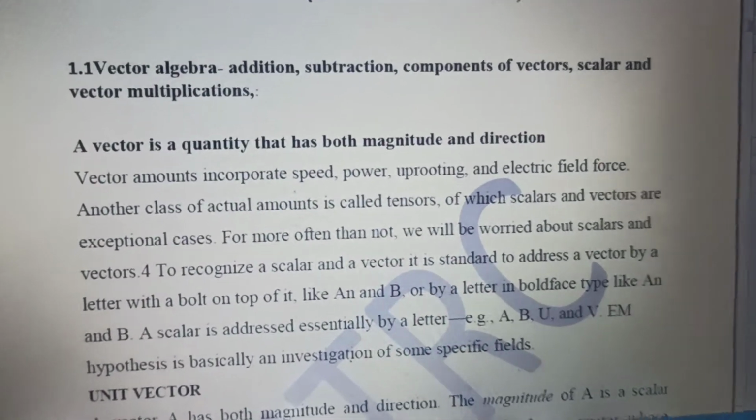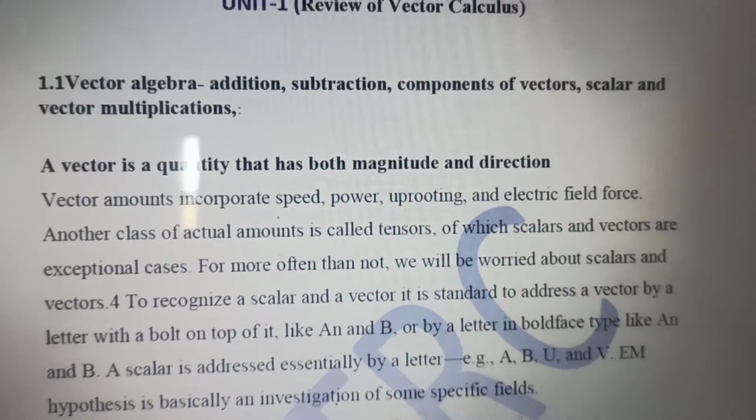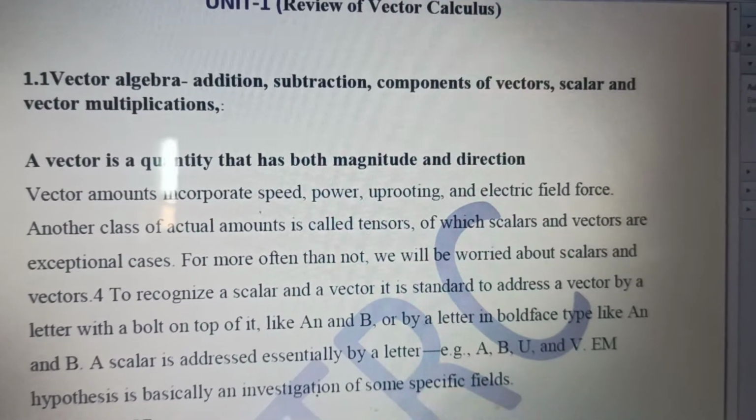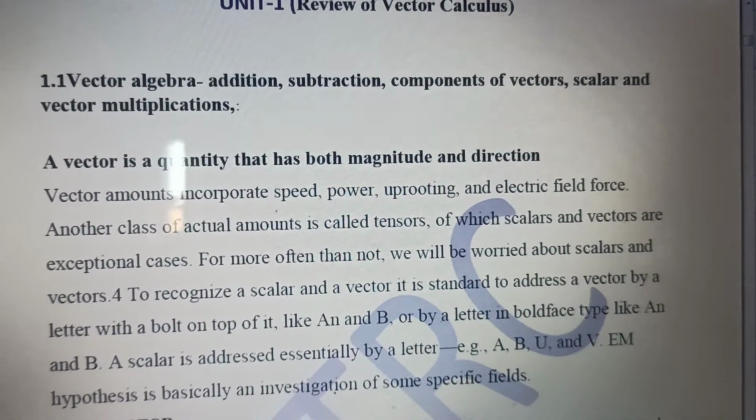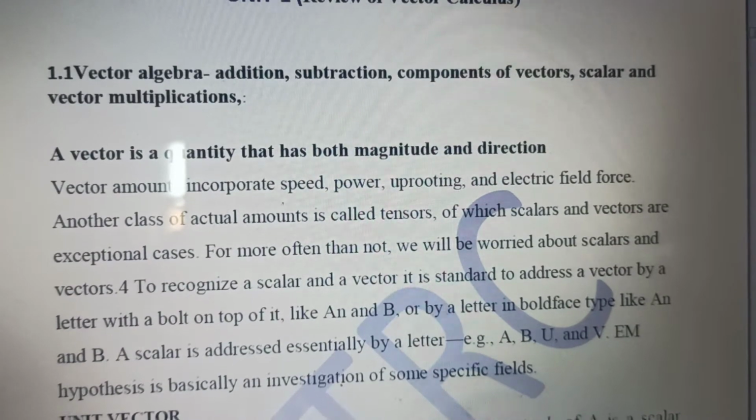So it is quite clear that the variations of the electric field and magnetic field are dependent on each other.